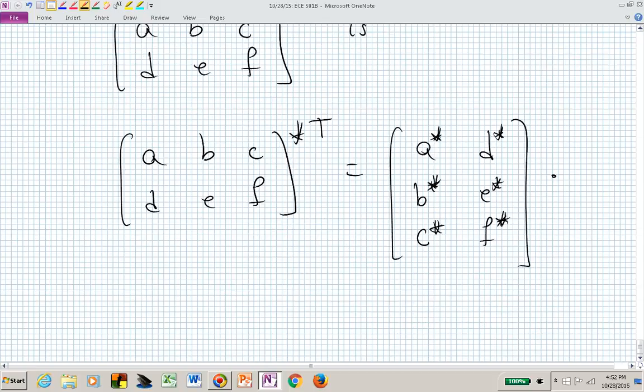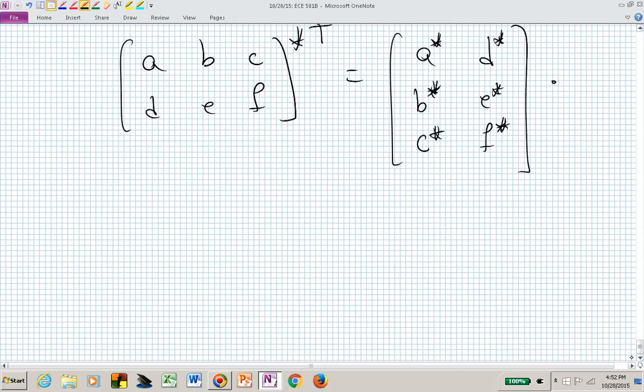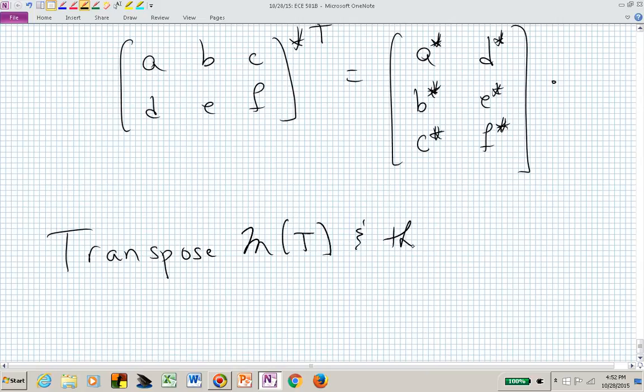Which means if you have the matrix representation of a linear map, then you can transpose that matrix representation and then take the complex conjugate of all the entries.